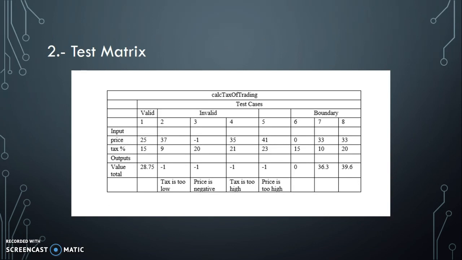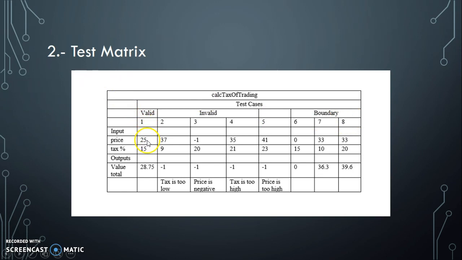This is the test matrix. Here we can show what is the input, what is the output, because we have 3 kinds of input: valid, invalid, and boundary. In this case, we have one valid.